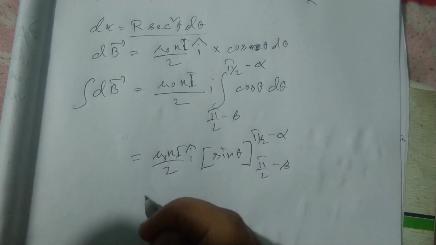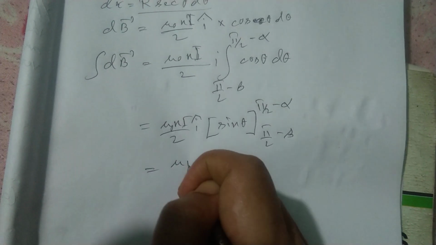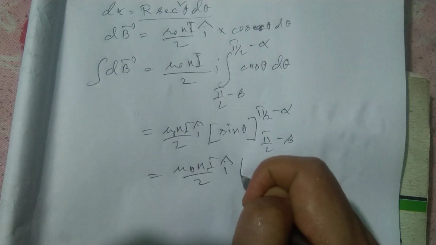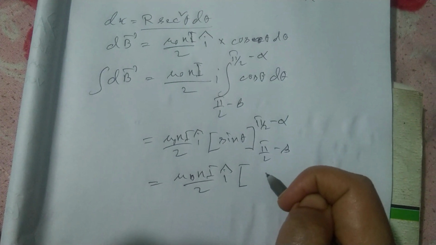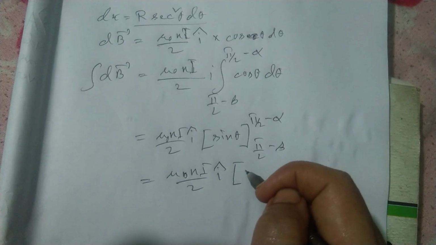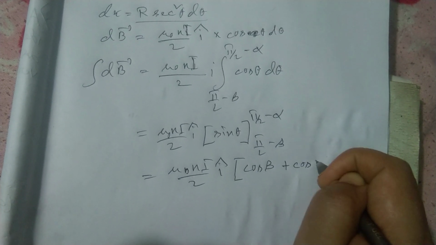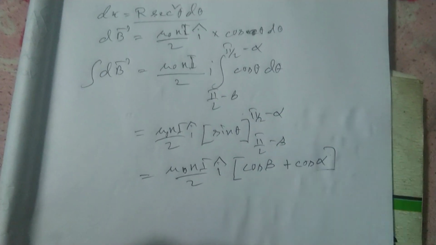So the value we can write as mu 0 n I divided by 2 i cap, equal to cos beta plus cos alpha. Just putting the values, I get this.